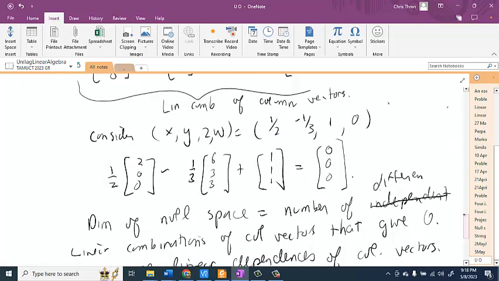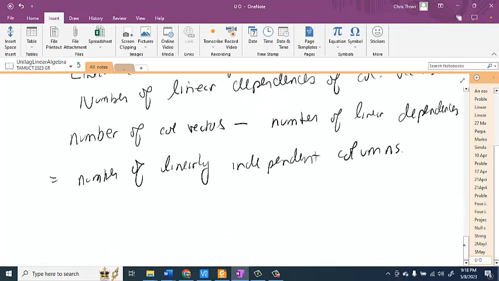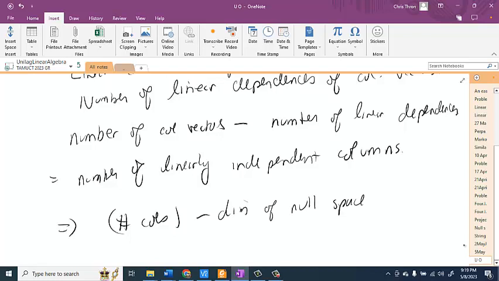For instance, in this case, I can subtract (1, 1, 1) because it's a linear combination of the other two. So the number of column vectors is the number of columns minus the dimension of the null space, and that gives me the dimension of the column space.